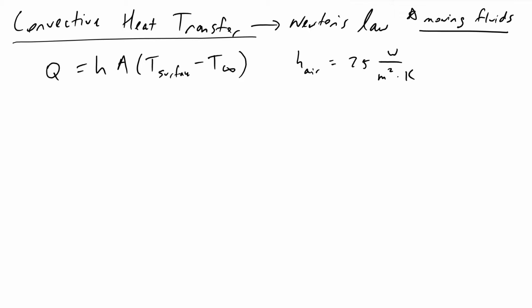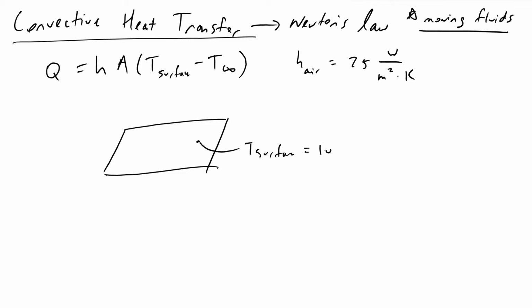Let's say I had an open stove top and I wanted to maintain T surface at 100 degrees C, and the temperature of our bulk fluid was 15 degrees C. My question is, how much heat is being lost to our environment that I need to supply onto this surface such that I maintain its temperature of 100 degrees C?